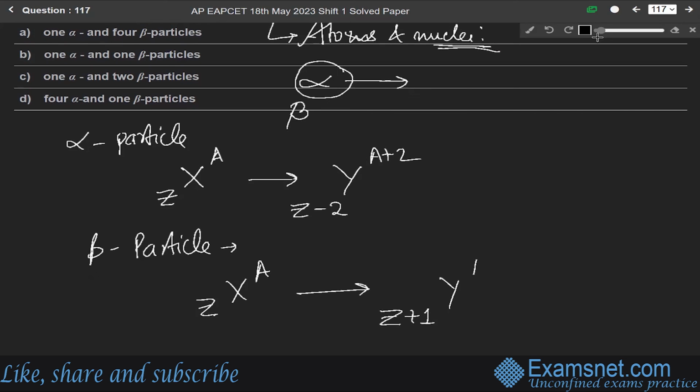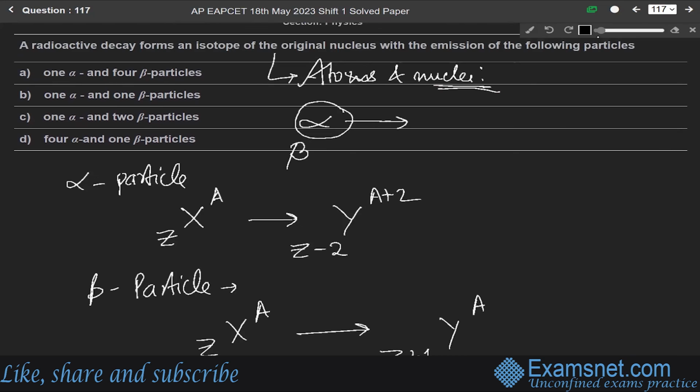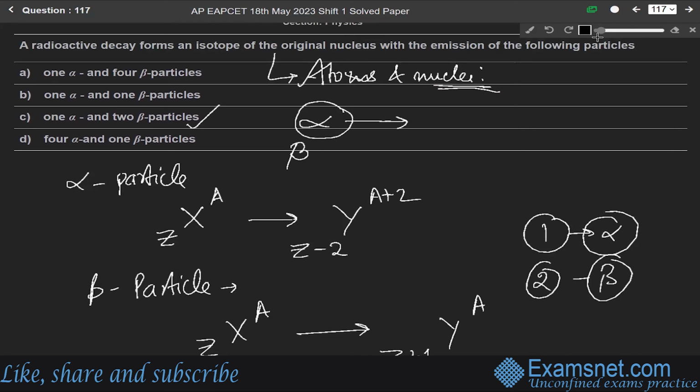Y is the product. So a radioactive decay forms an isotope of the original nucleus with emission of 1 alpha particle and 2 beta particles. So the correct option is option C, that is 1 alpha particle and 2 beta particles.